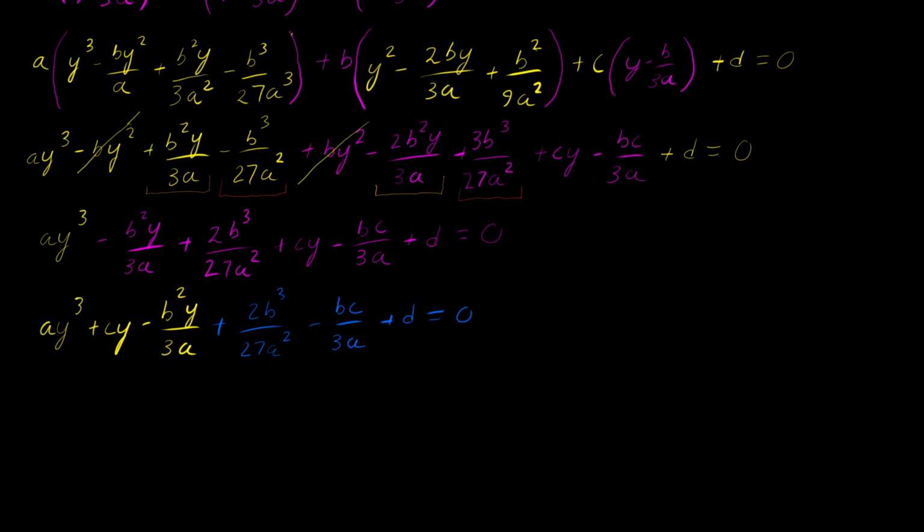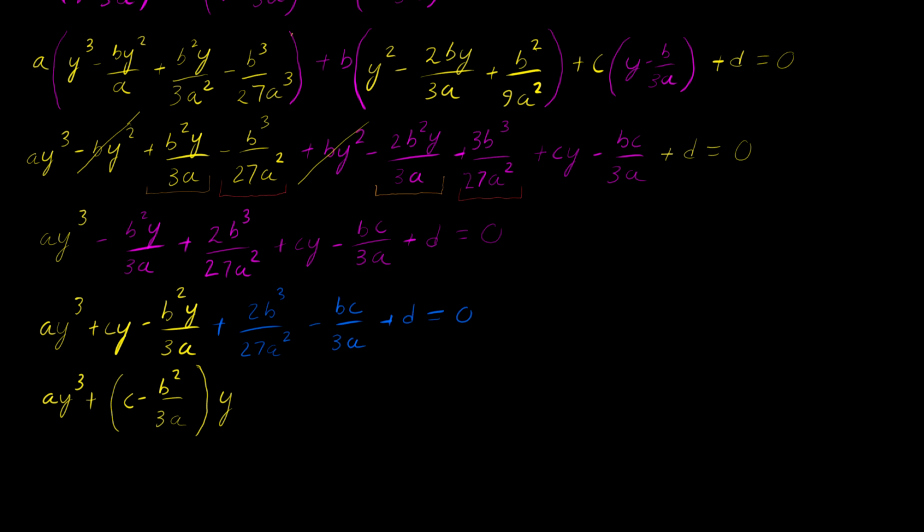And now what we're going to do is we are going to factor out this y. So let me take out a y. So we're going to have c minus b squared over 3a, and we factored out a y. So let me just put the y right there.